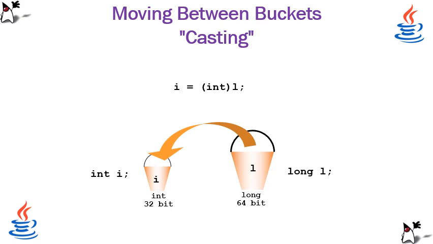Therefore, in order to make the compiler understand that I know there will be loss of data, I will have to give this data type enclosed within parentheses. Which is the target data type here? Integer. Therefore, I will enclose the target data type inside the parentheses.